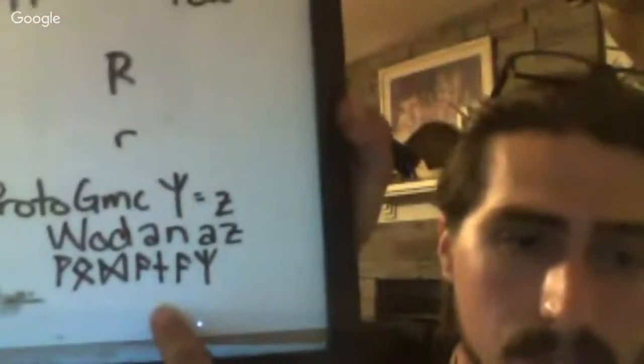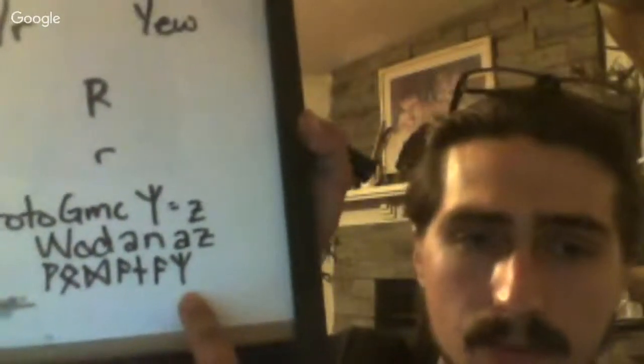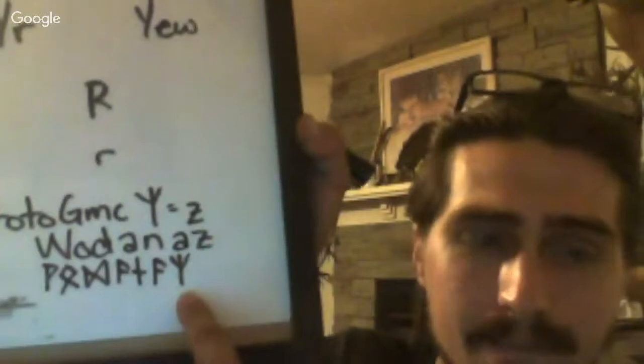Now, this Z on the end, and I'll show you the Elder Futhark for that, which would have been like this, Wodenaz. This Z on the end, which marks its case, becomes an R in Old Norse.